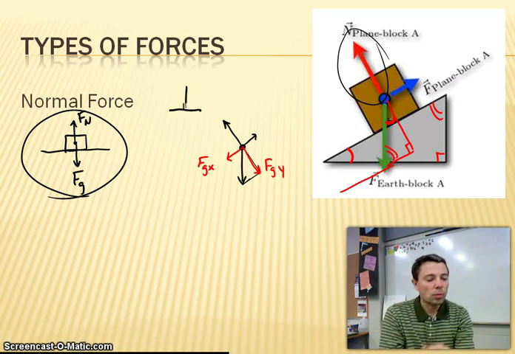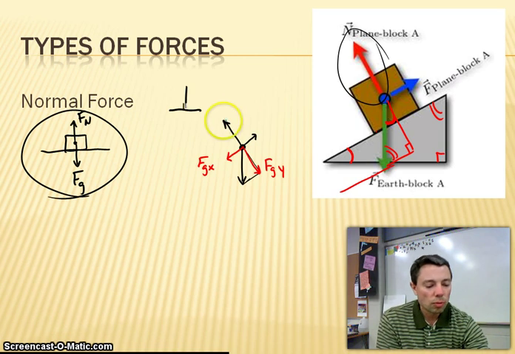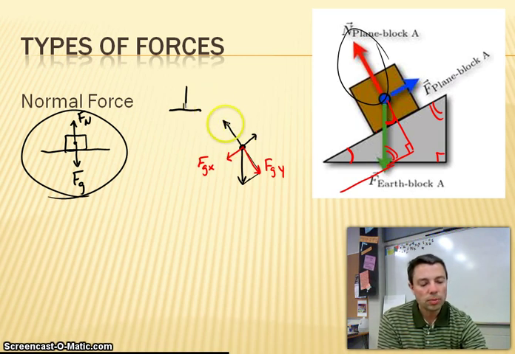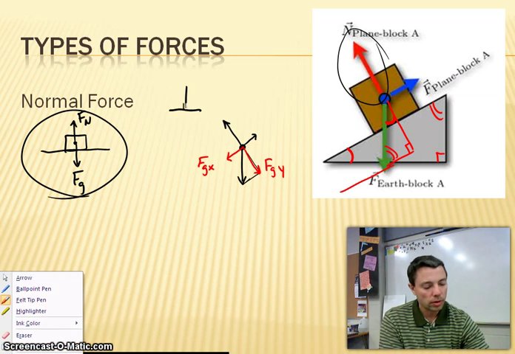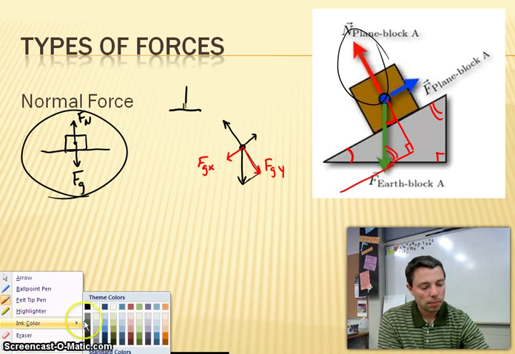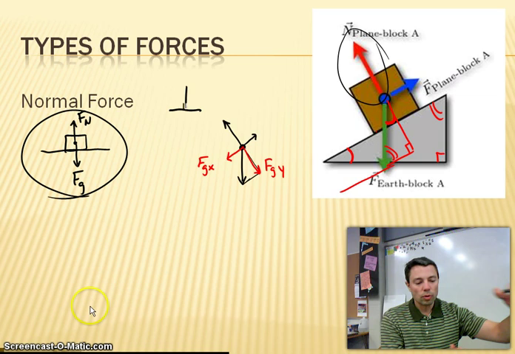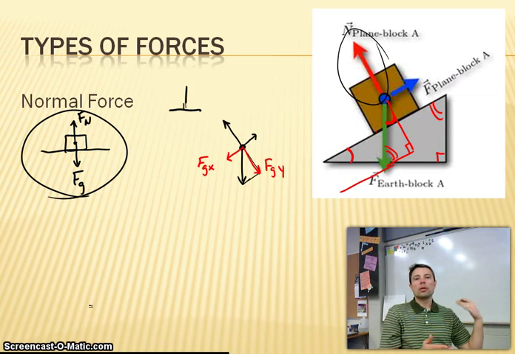All right, so again, when we look at normal forces, the normal force is the one that is perpendicular to the surface. In this particular case, my normal force matches a component of my weight. It doesn't actually act the same as my weight. So you've got to be careful when you're looking at these to make sure that you're looking at your normal force compared to the weight component.